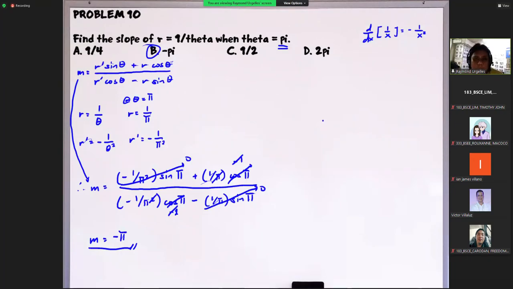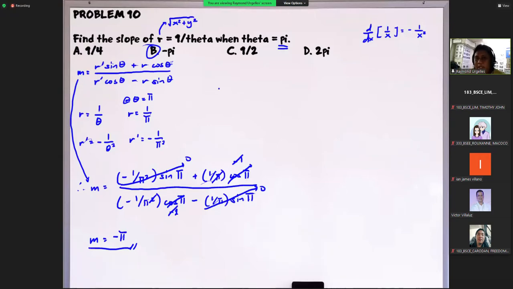Of course, another solution here is you can also change this to a rectangular curve if you want, but I think it will be a very complicated equation. To convert this to rectangular, r is replaced by the square root of x squared plus y squared.